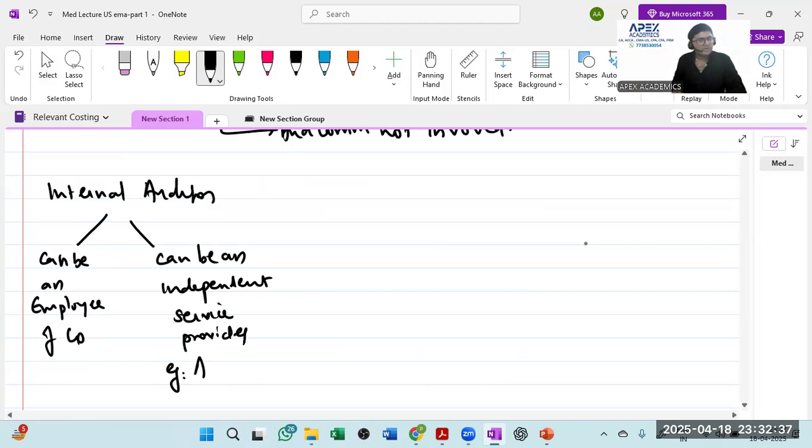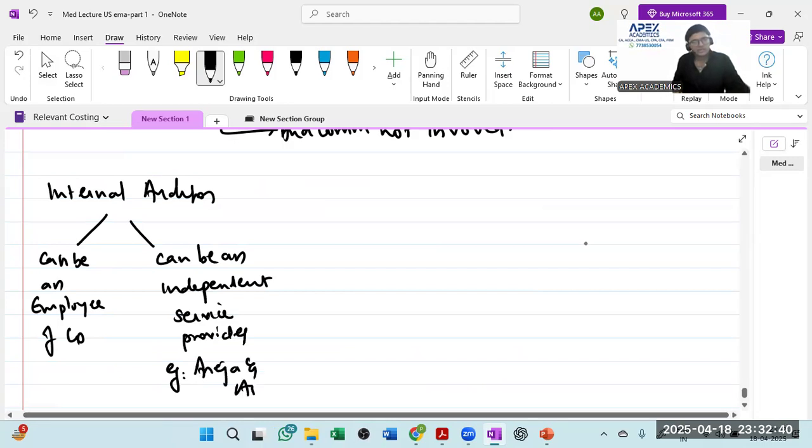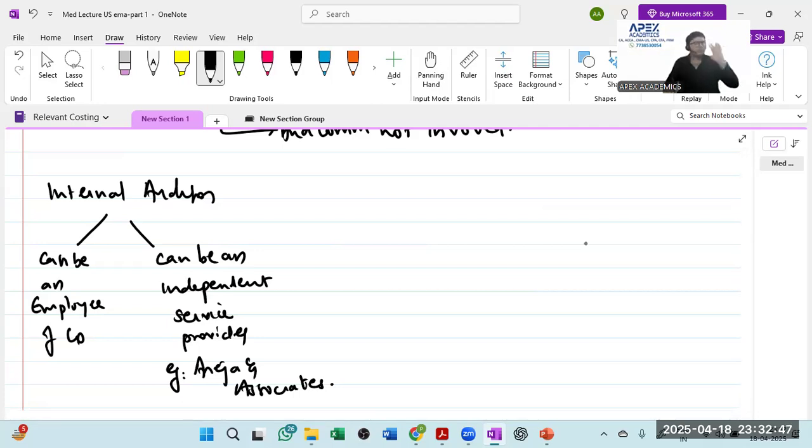Example, Aneja and Associates. It is a very famous internal audit firm in India, pretty famous for the purposes of internal audit.